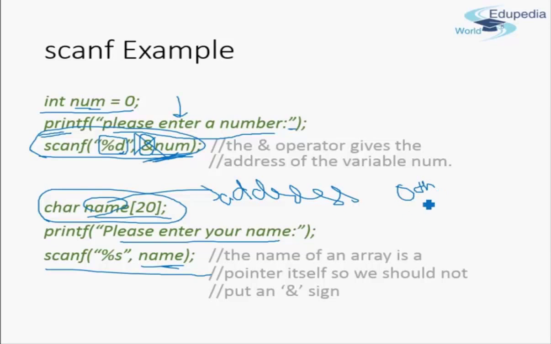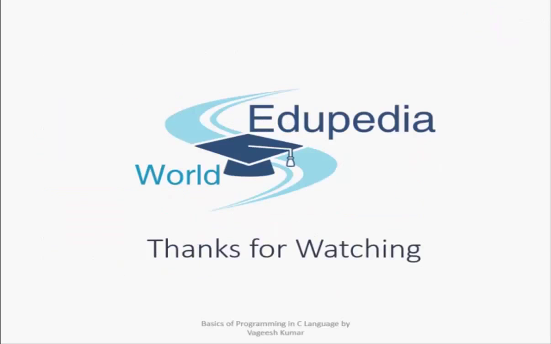We have to remember that the name of the array is the pointer to the first position of the array. So it is already a pointer, a pointer in itself. So we would not put an ampersand sign while scanning an array, be it an array of integers or an array of characters. So here the section on taking input and formatting output has ended.